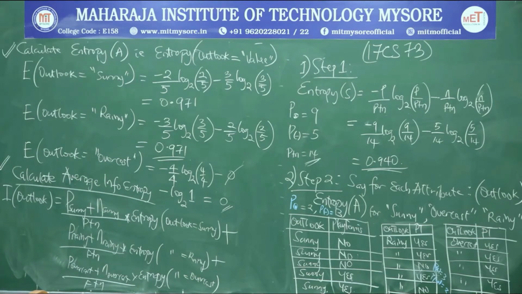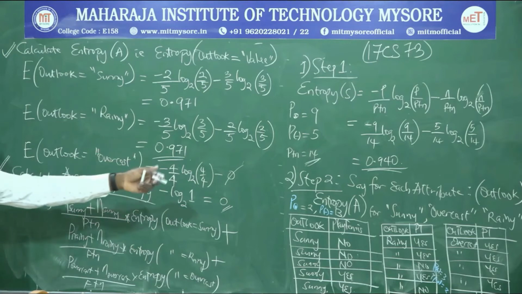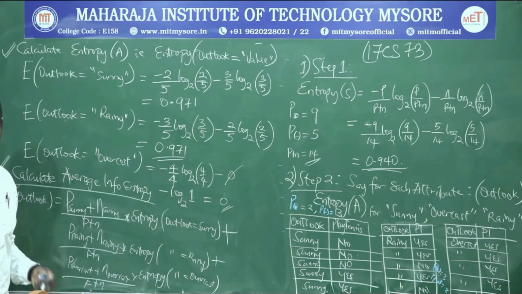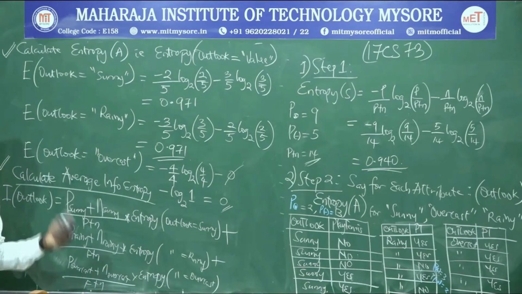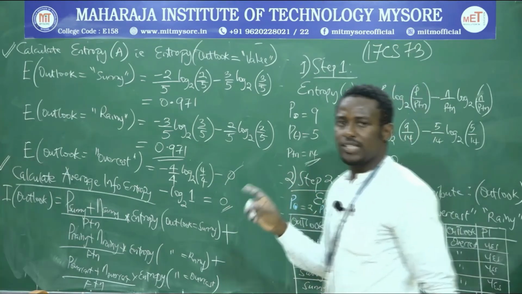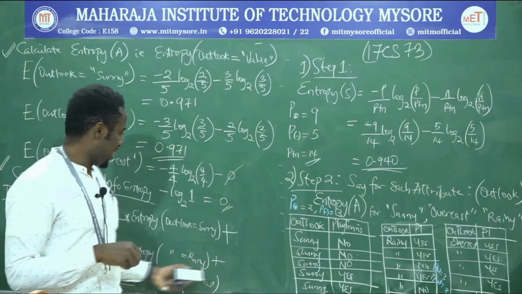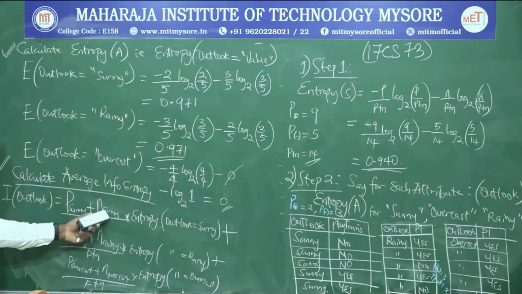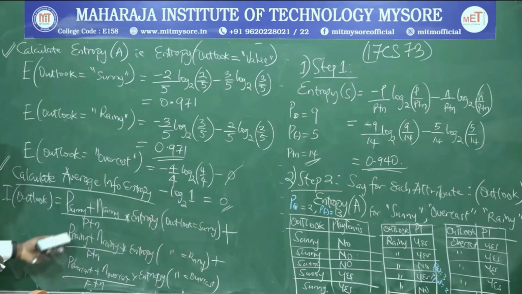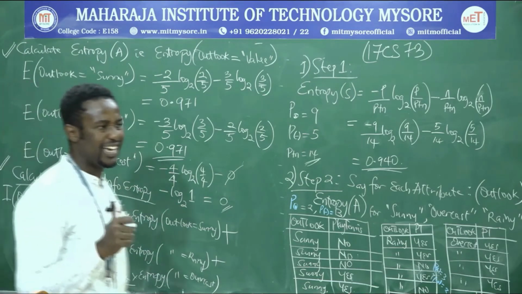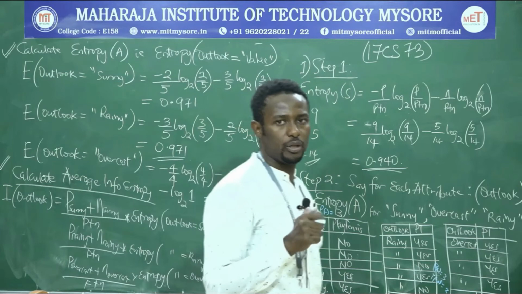We have to plug in the values now. I believe at this stage you have memorized the formula, right? So let's move on to plugging in the values. Now the question is, when I say P plus N, you know what I'm picking, right? When I say P plus N, I'm talking about the entire data set. So you have to use upon 14.